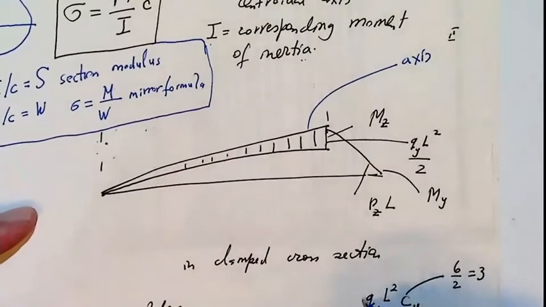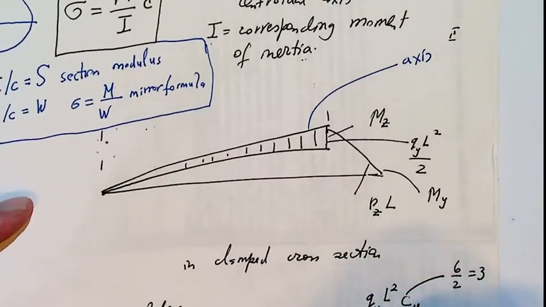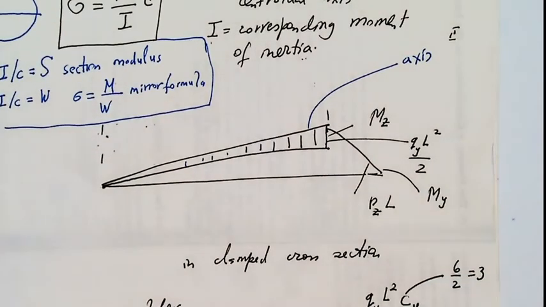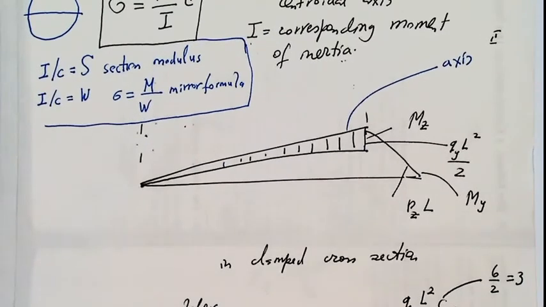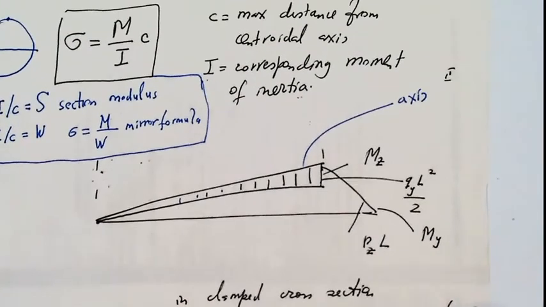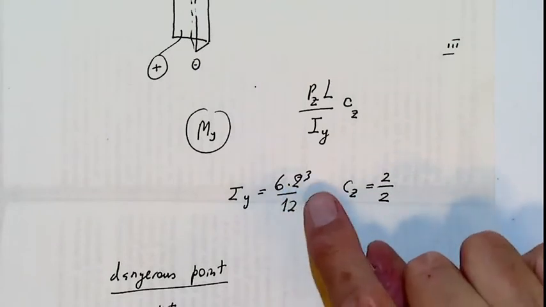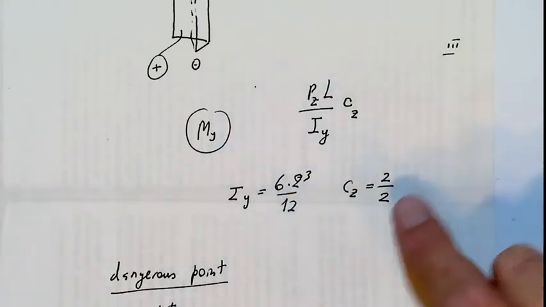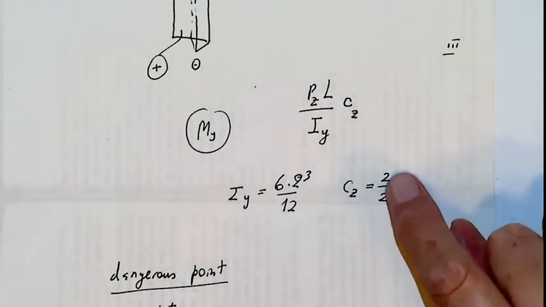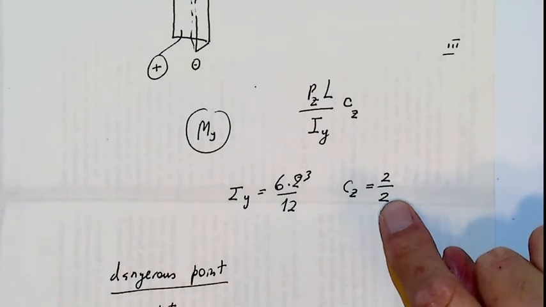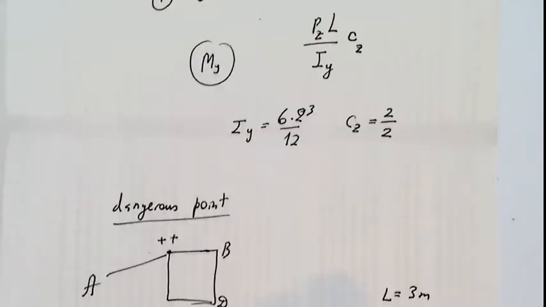Bending moment divided by Iz and C. Cy equals just 3. 6 over 2 equals 3. Here Iy equals 6 times 2 cubed over 12. Cz equals 2 over 2. So pay attention.